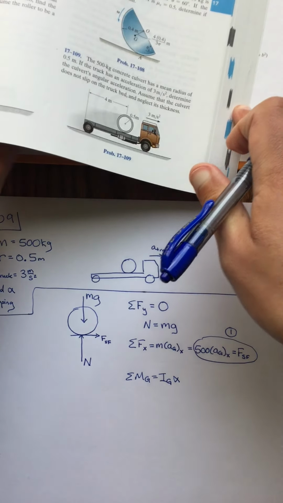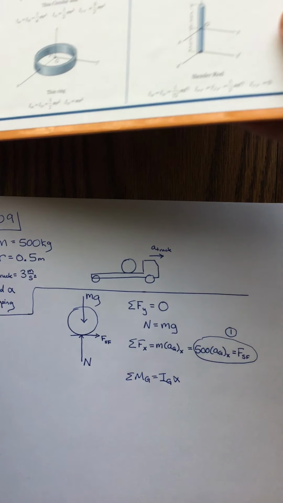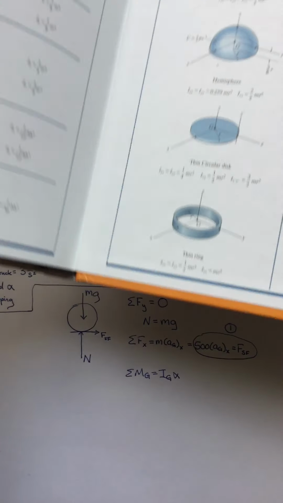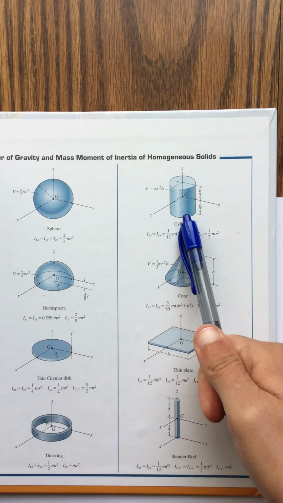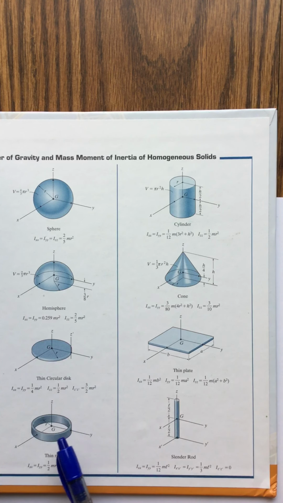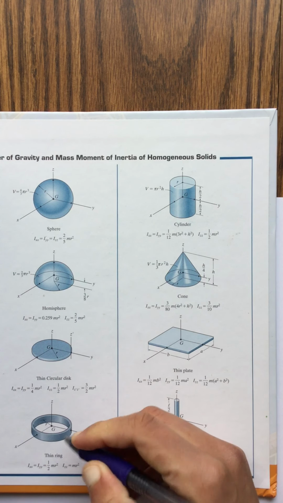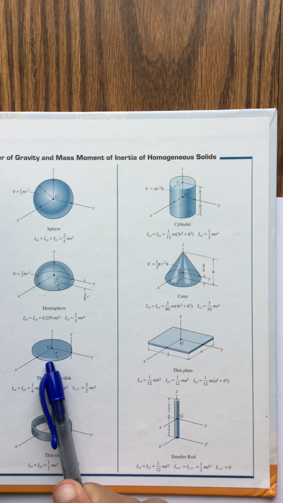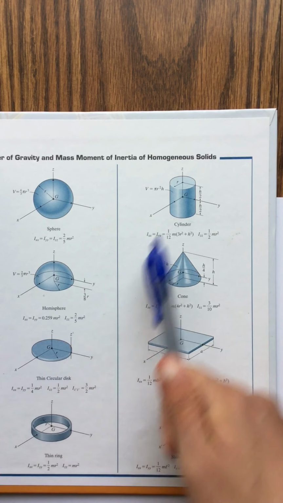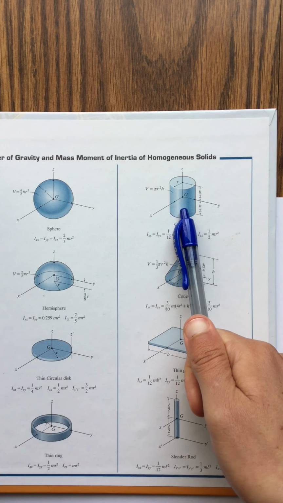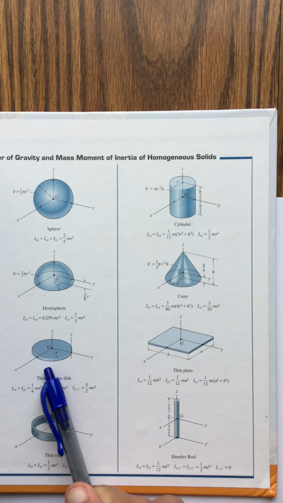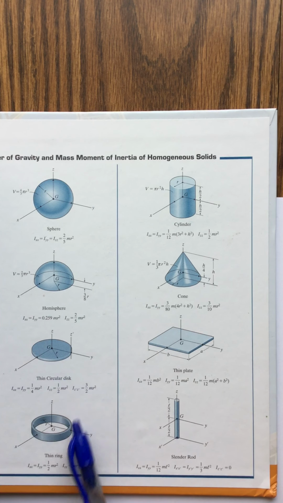If you go to the back of the book, it's hollow, so it's not this cylinder. It's like a thin ring, and the height of this ring does not matter. So we saw before that the thin circular disc and the cylinder, if you're looking about the z-axis, the height of the cylinder doesn't matter, and the moment of inertia about this z-axis is the same as it is for the thin circular disc.